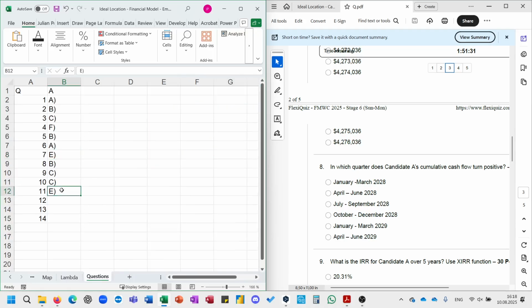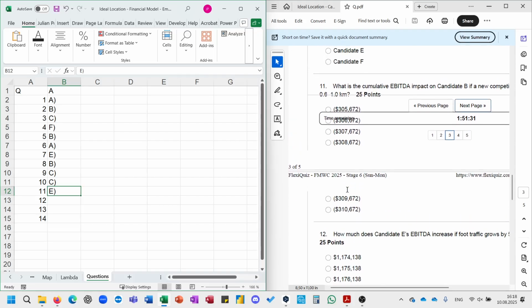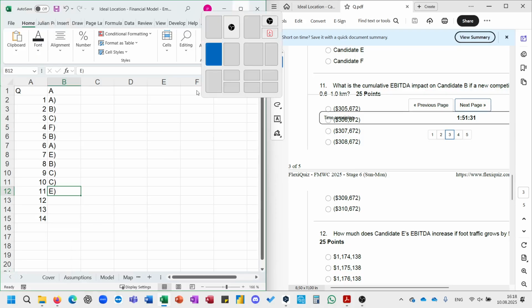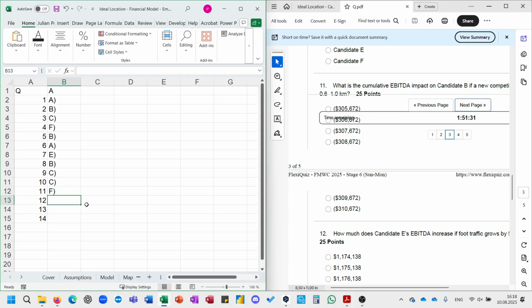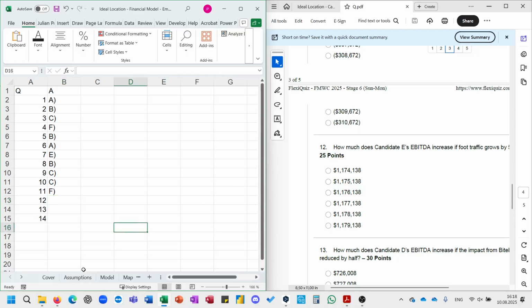And here, this 11 question impact. What was the impact? Oh, it was the last one, so also F. Sorry. Okay. Now we are back. Increase in foot traffic.